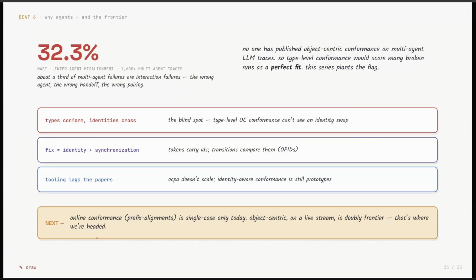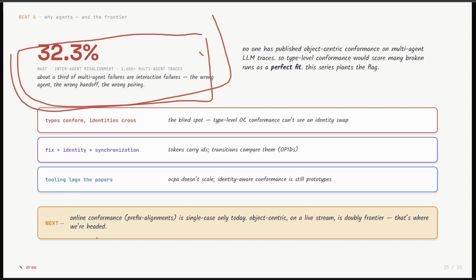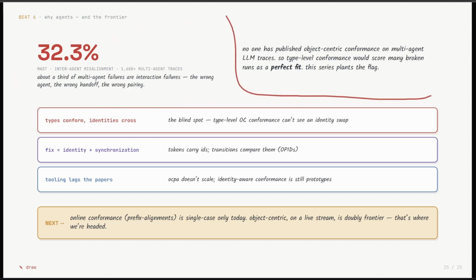So to finalize, as always, 32.3% of failures of multi-agent systems come from the interactions between the agents. This is the paper, one of the most observational papers that we have out there. And also no one has published object-centric conformance on multi-agent LLM traces. So there is actually a paper that is close to that.